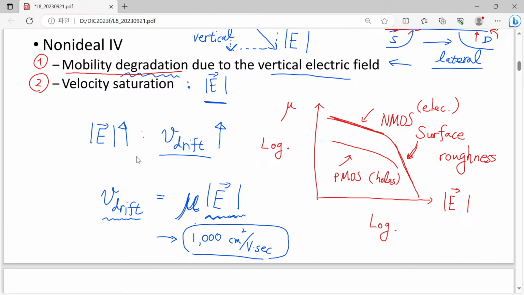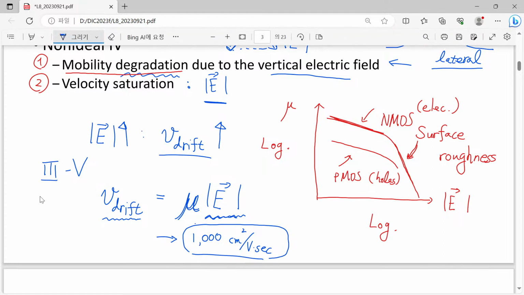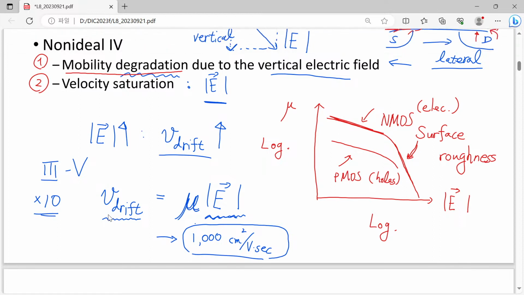And in the case of III-V devices, III-V materials, the mobility can be at least 10 times higher or even higher for our electrons.